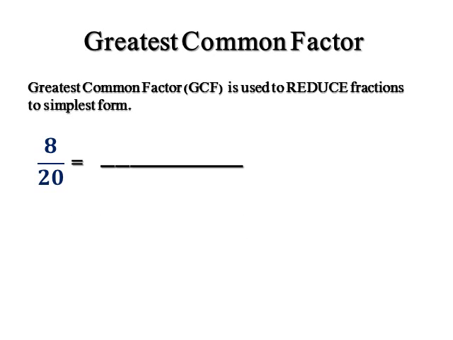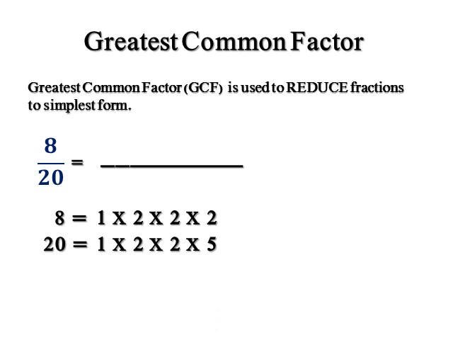Okay, so let's try this one. What would be the greatest common factor for 8 and 20 so we can reduce it to the simplest form? Using your factor tree, let's factor 8. So that will be 1 times 2 times 2 times 2. And we also factor 20, that will be 1 times 2 times 2 times 5.